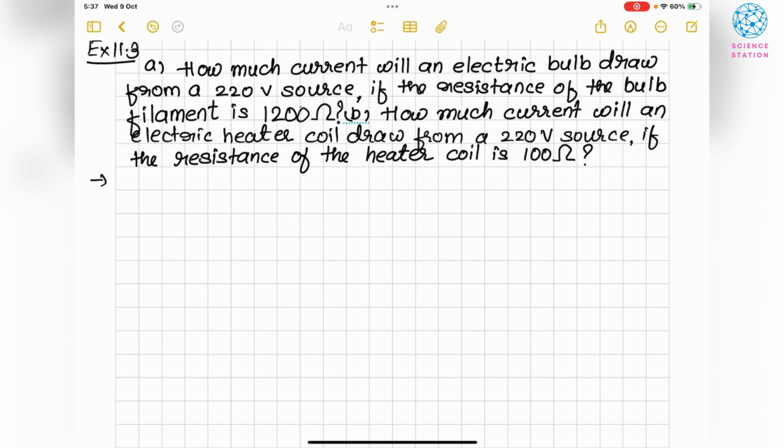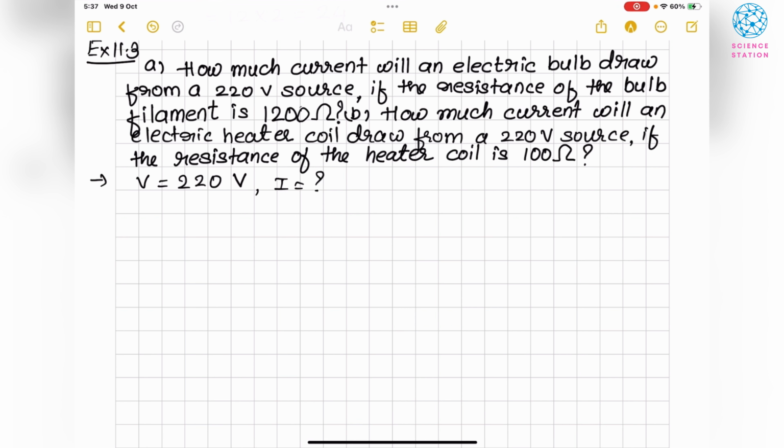Now example 11.3 says how much current will an electric bulb draw from a 220 volt source if the resistance of the bulb filament is 1200 ohms. B part. How much current will an electric heater coil draw from a 220 volt source if the resistance of the heater coil is 100 ohm? So here if I see carefully, I am given V equal to 220 volt.